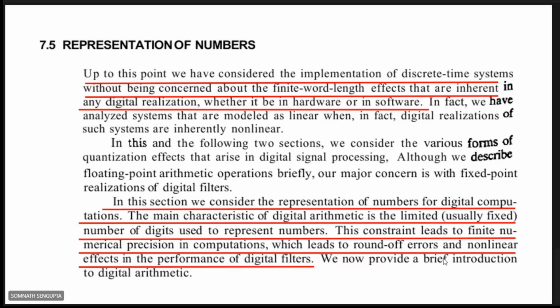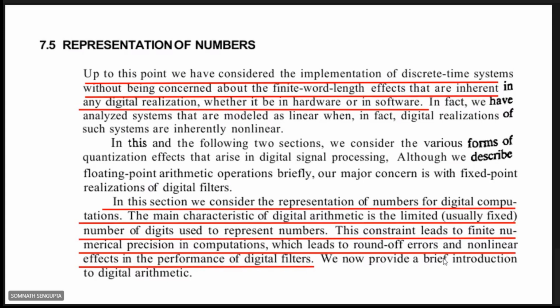Suppose one filter coefficient is 0.5556, whatever it is, a six digit filter coefficient, but your computer is a 4 digit system. Okay. So obviously you have to round up that six digit number to a 4 digit number.